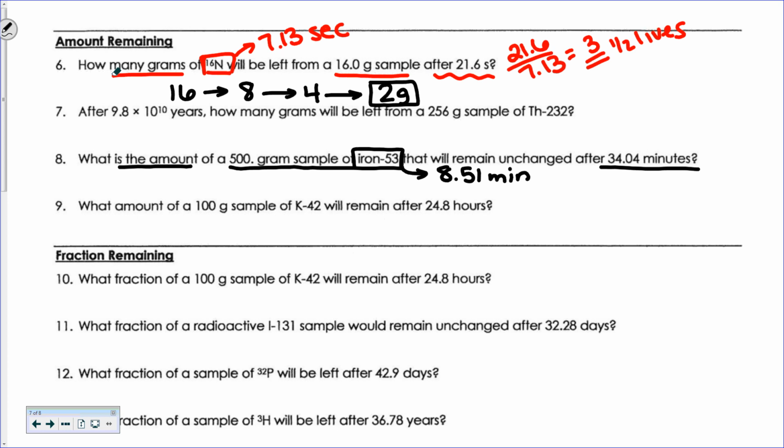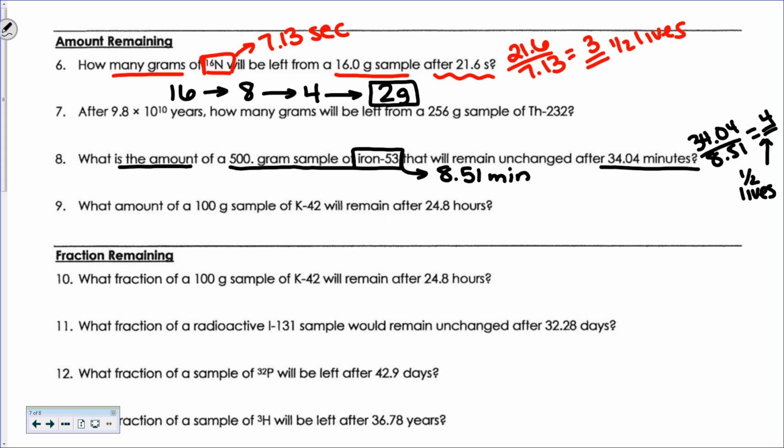But I went 34.04 minutes. So let's take that 34.04 and divide it by 8.51. If I do that, what do I get? I'm going to get 4. That 4 is telling me that's how many half-lives it's going to go through.